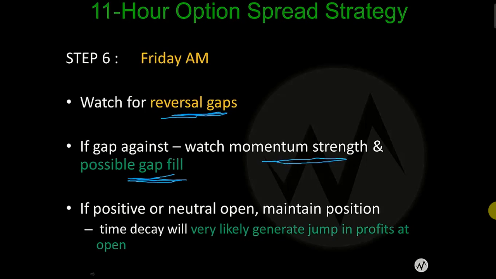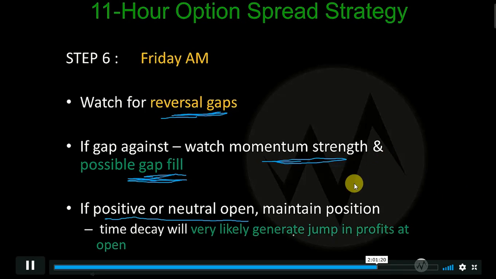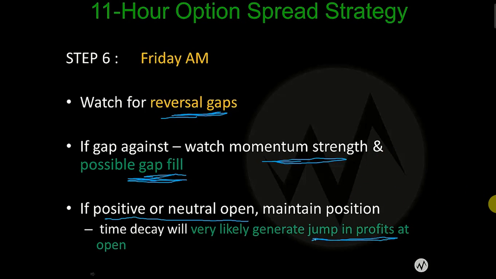So there's a good chance that there's a gap fill. If there's a positive gap in your favor, or the market is neutral and goes sideways, pay close attention. You probably get a quick jump in profits at the open. Okay, so 1/3 of the time, maybe it'll give you trouble. 2/3 of the time should be okay.